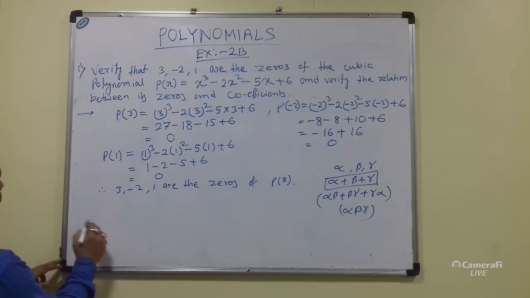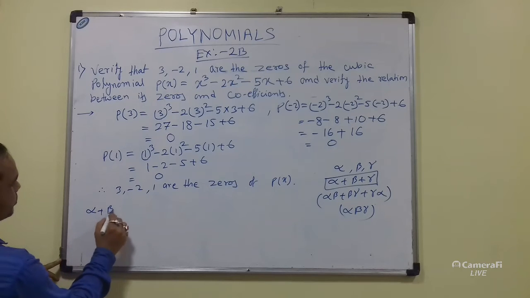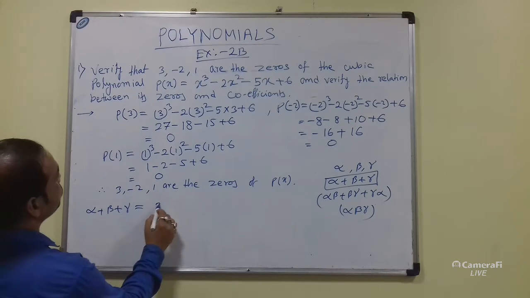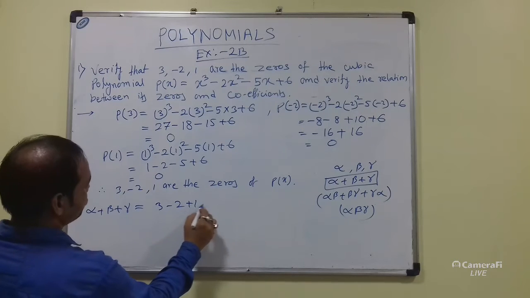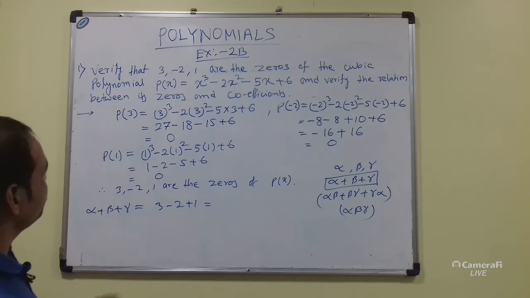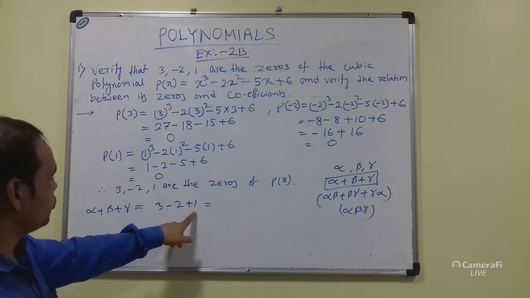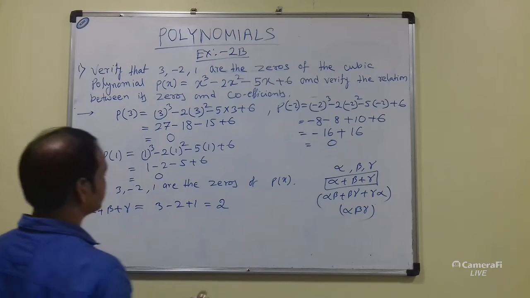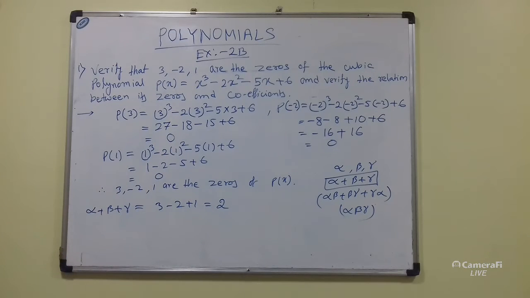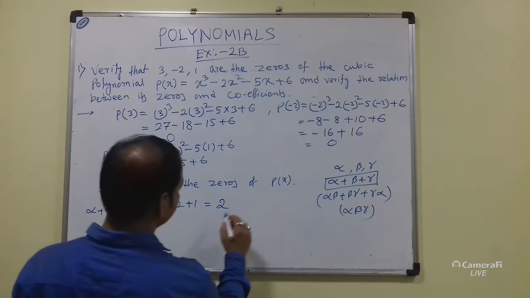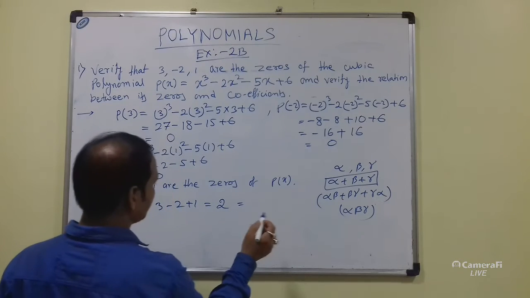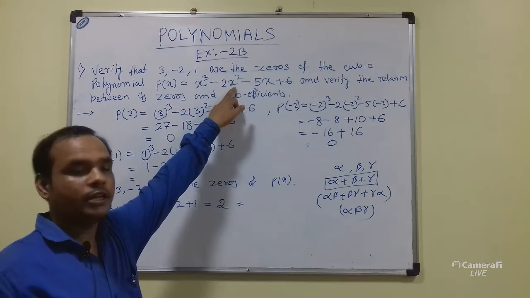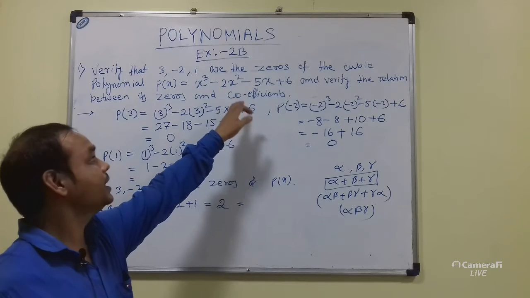So alpha plus beta plus gamma is equal to 3 minus 2 plus 1, which is 3 plus 4, 4 minus 2 is 2. Clear? Understood students? So here 2 is the coefficient of x square, but it is minus 2, you can see that.